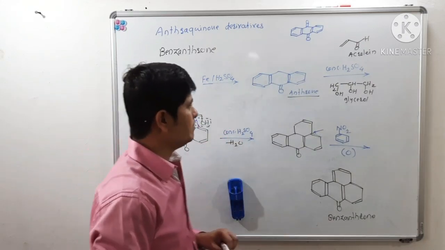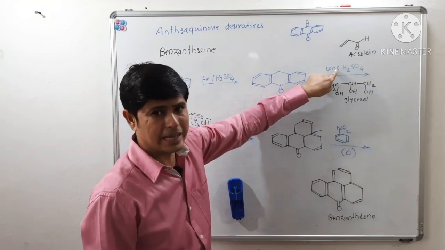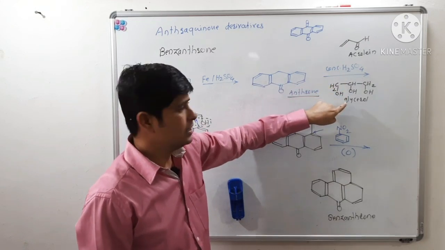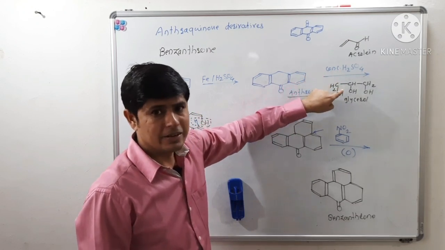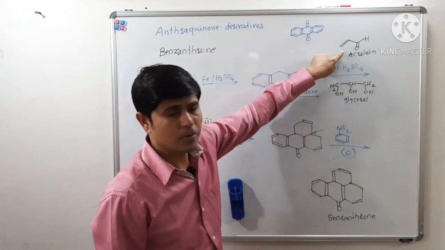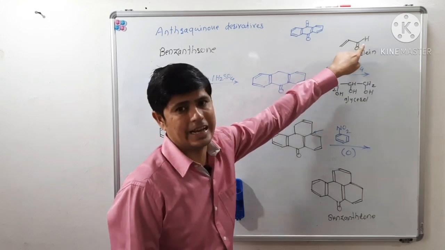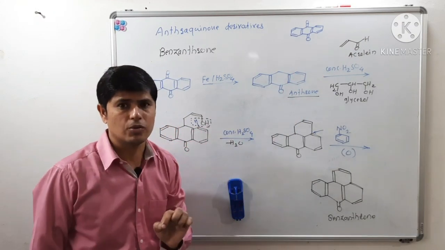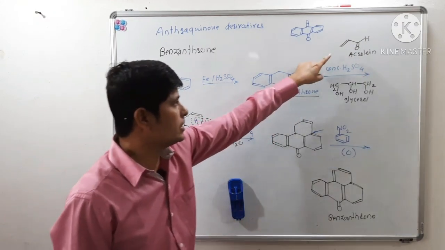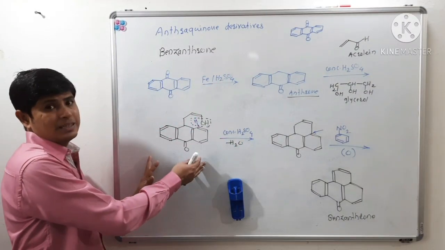Now in the next step, this anthrone is on reaction with concentrated sulfuric acid and glycerol. So concentrated sulfuric acid will react with this glycerol, and there will be a formation of acrolein, an alpha beta unsaturated aldehyde, CH2=CH-CHO. This is called acrolein. Now this acrolein will react with this anthrone, and there will be a formation of this product.